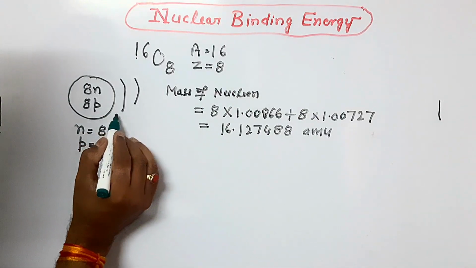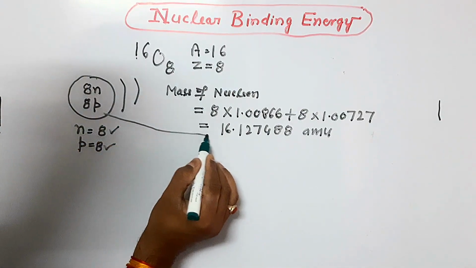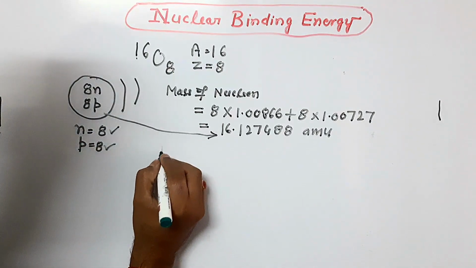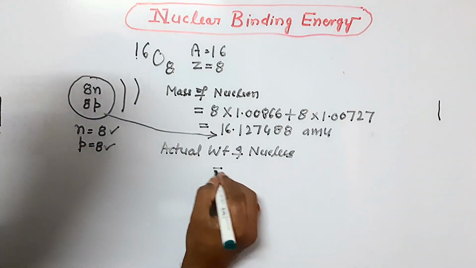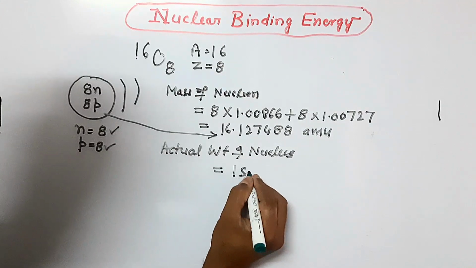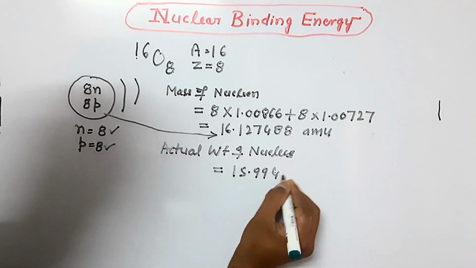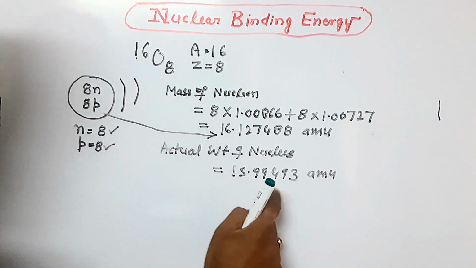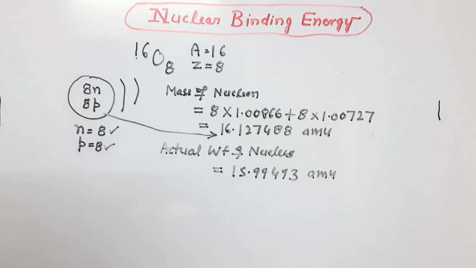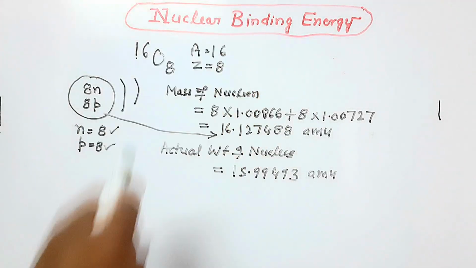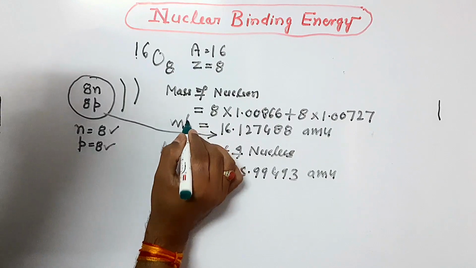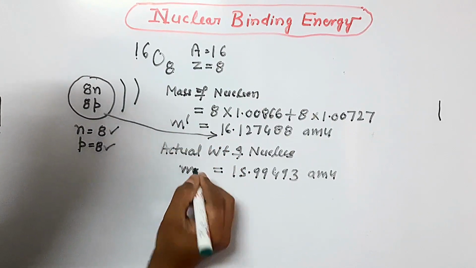So you expect that the nucleus weight must be this much, but the actual weight of the nucleus is 15.99493 atomic mass unit. So this weight of the nucleus is less than the weight of the nucleons. You can call it m dash and the other m.